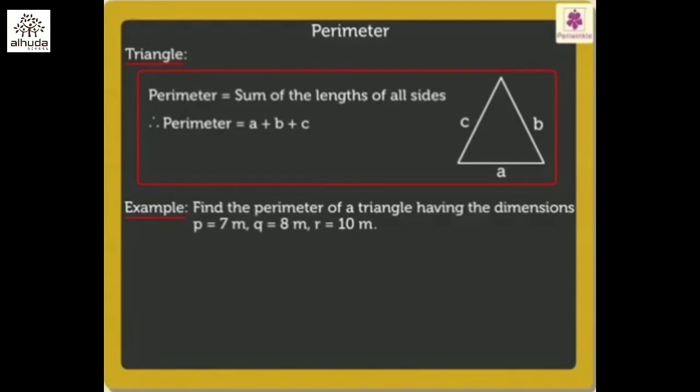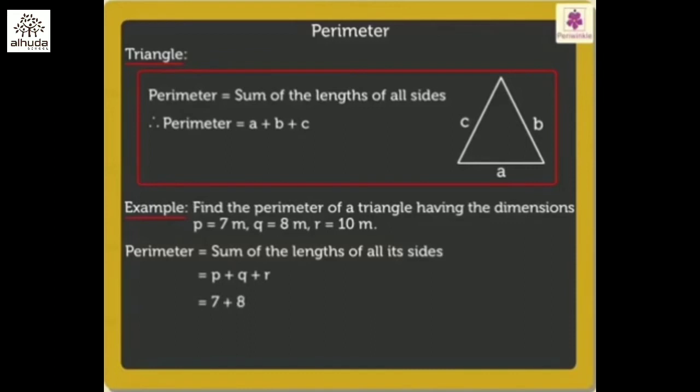We know that perimeter of a triangle is equal to the sum of the lengths of all its sides, which is equal to P plus Q plus R, that is 7 plus 8 plus 10, which is equal to 25 meters. Thus, perimeter of the triangle is equal to 25 meters.